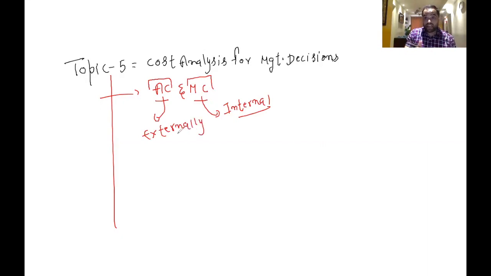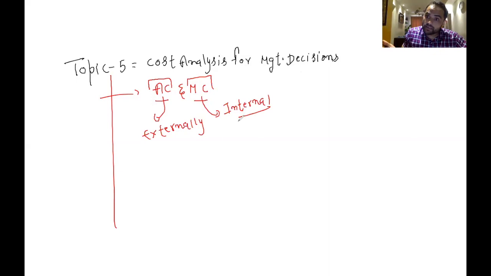In financial reports, we have an income statement. When we prepare the income statement for financial reports, which are for external users, we apply absorption costing. But when you are estimating net profit internally, we focus on marginal costing.